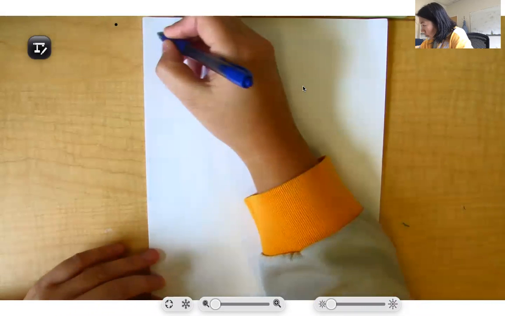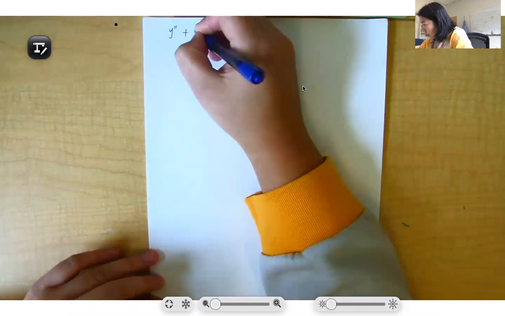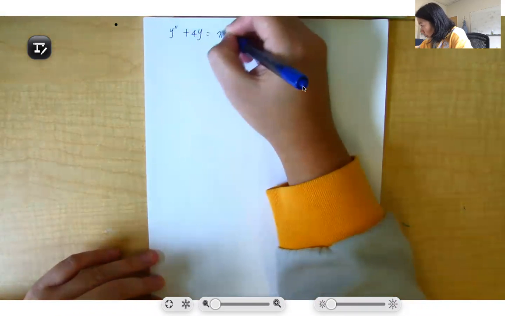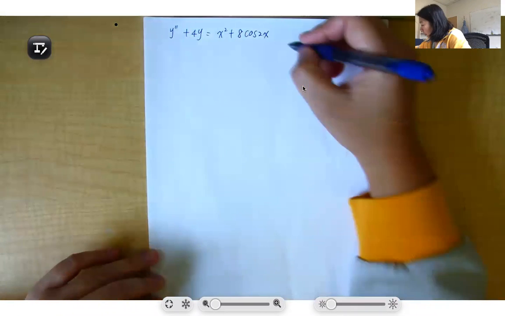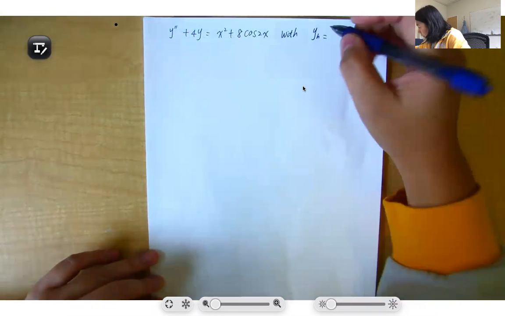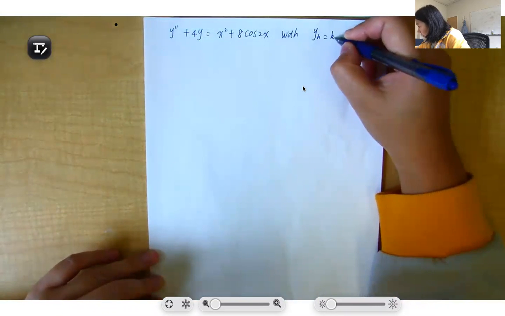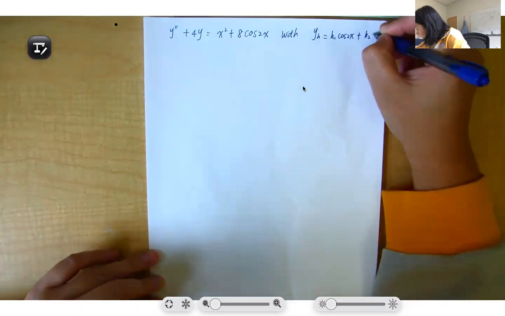Now we are trying to find the particular solution where our equation is y double prime plus 4y equals x squared plus 8 cosine 2x. With the homogeneous solution we just solved, which will be k1 cosine 2x plus k2 sine 2x.